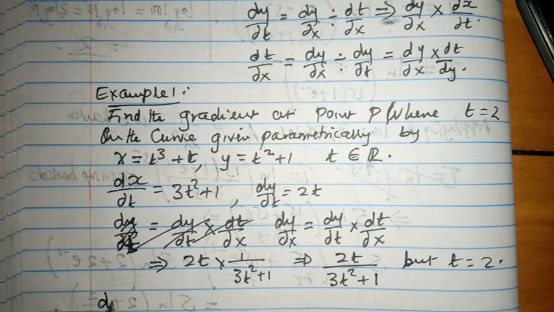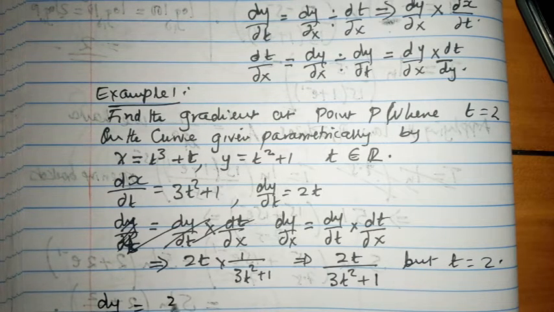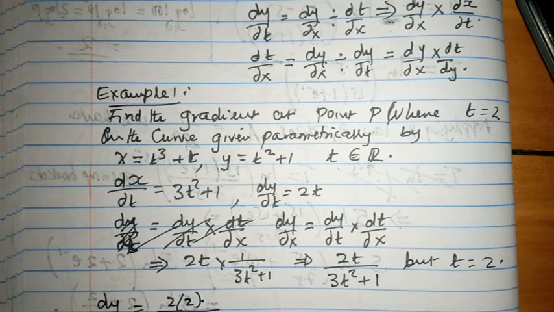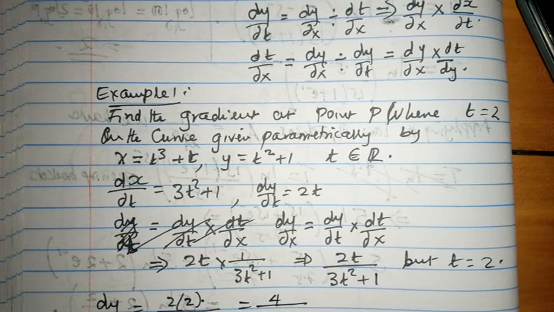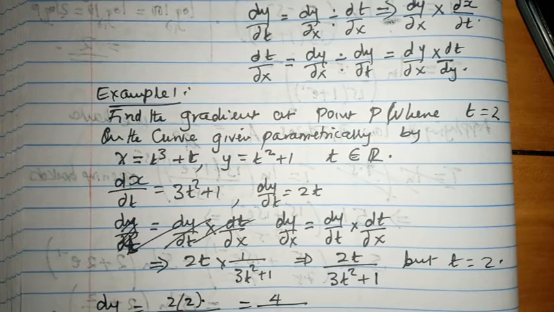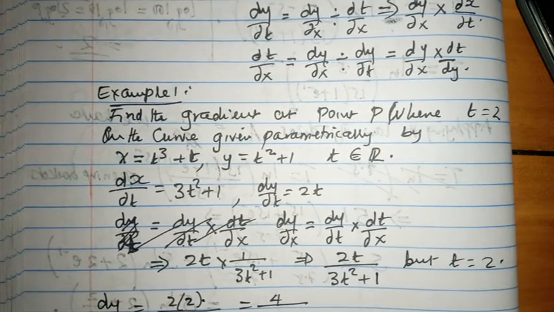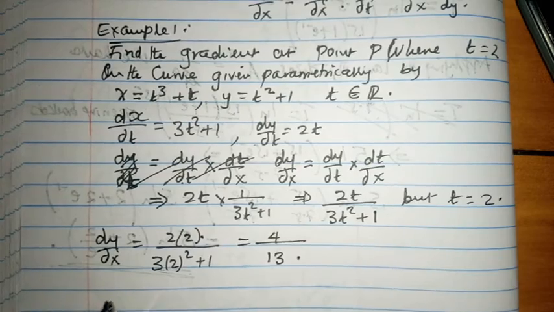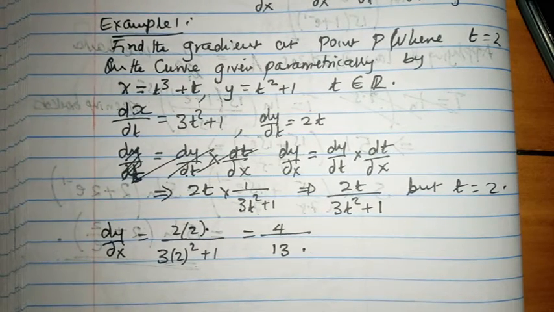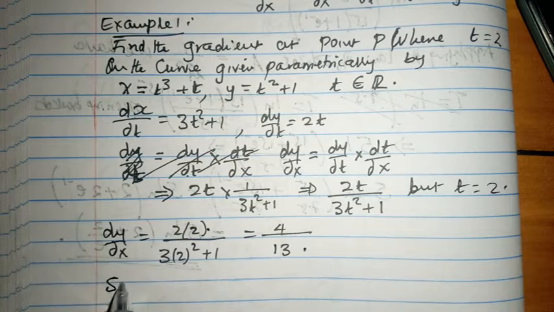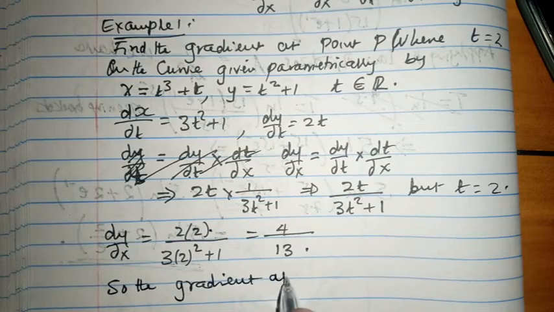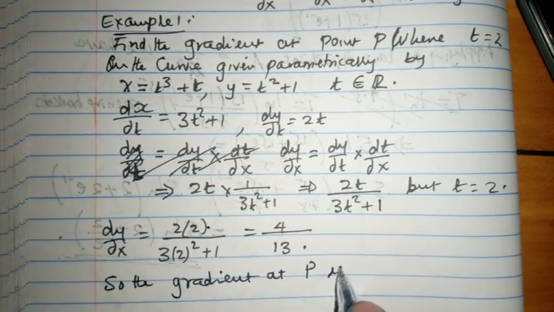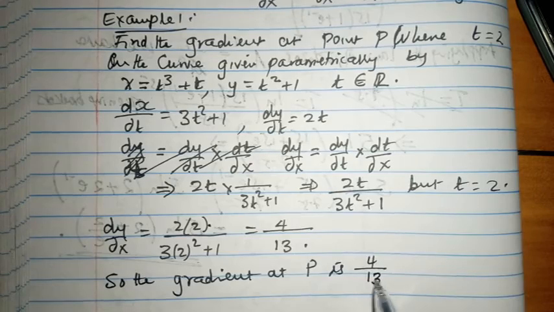So dy/dx is 2 multiplied by 2, everything over 3 times 2 squared plus 1, which is 4 over 12 plus 1, which is 13. And that becomes the gradient at P, which is 4 out of 13.